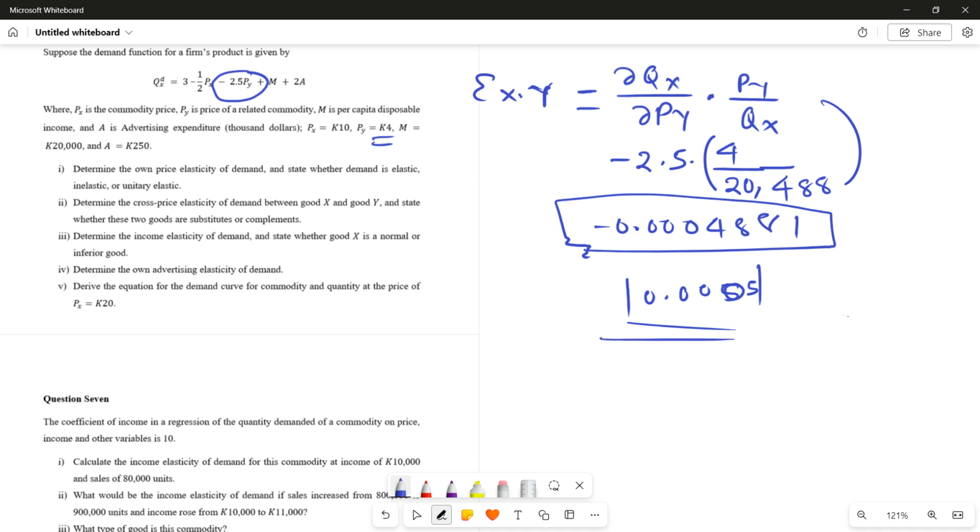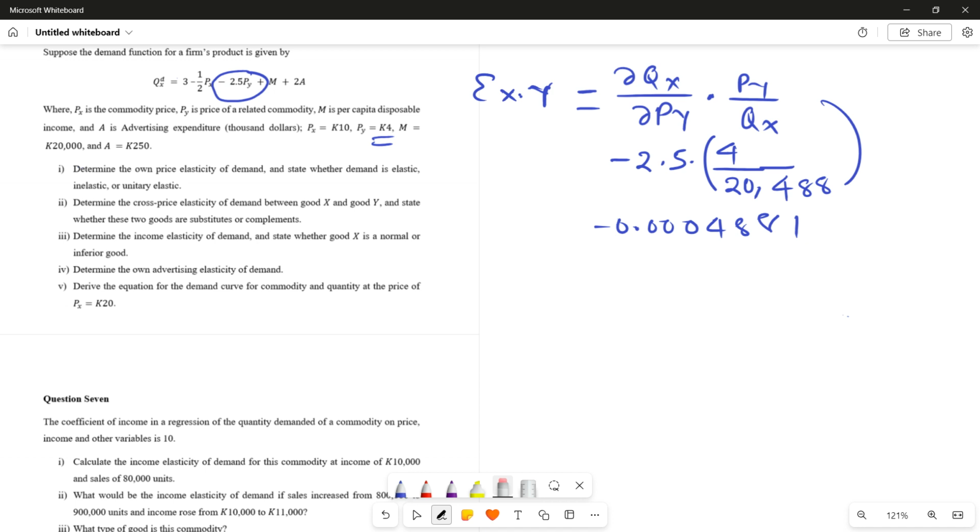Now listen to this. With cross price elasticity, let me not even introduce the modulus since this is cross price elasticity.